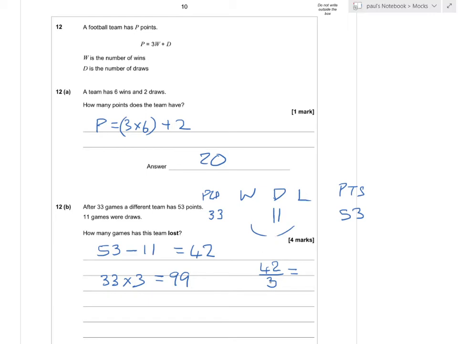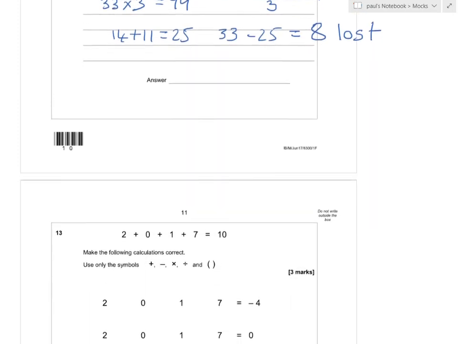So that's why we do 42 by 3, which is 14. So you must have won 14 games, and we drew 11 games, and that makes 25 games altogether. So the 33 that they played, take away the 25 that they got points with, will be the losses, which is 8 lost.